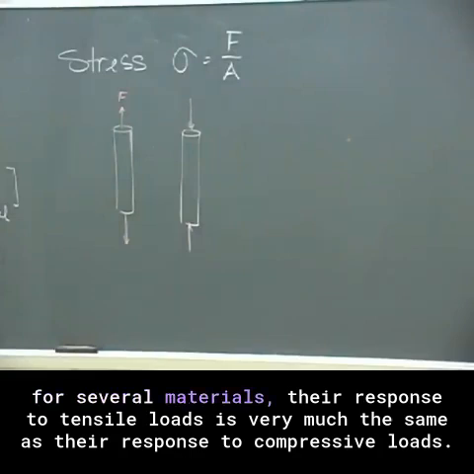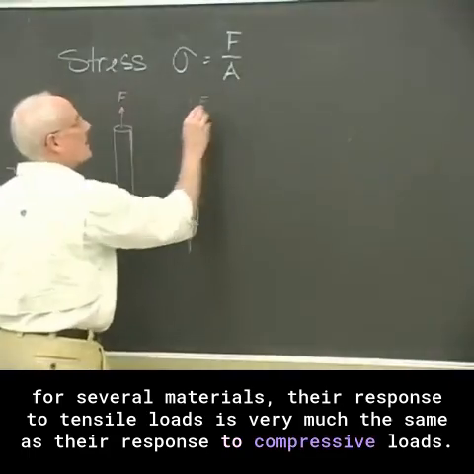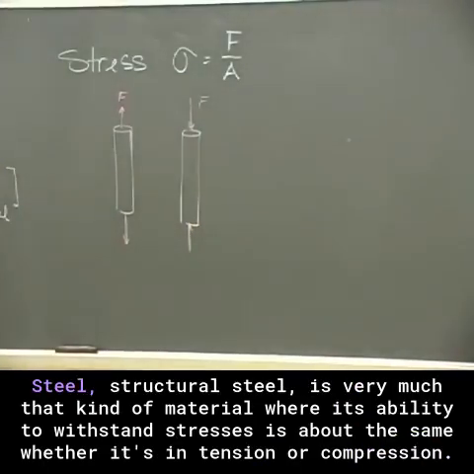For several materials, their response to tensile loads is very much the same as their response to compressive loads. Steel, structural steel, is very much that kind of material where its ability to withstand stresses is about the same whether it's in tension or compression.